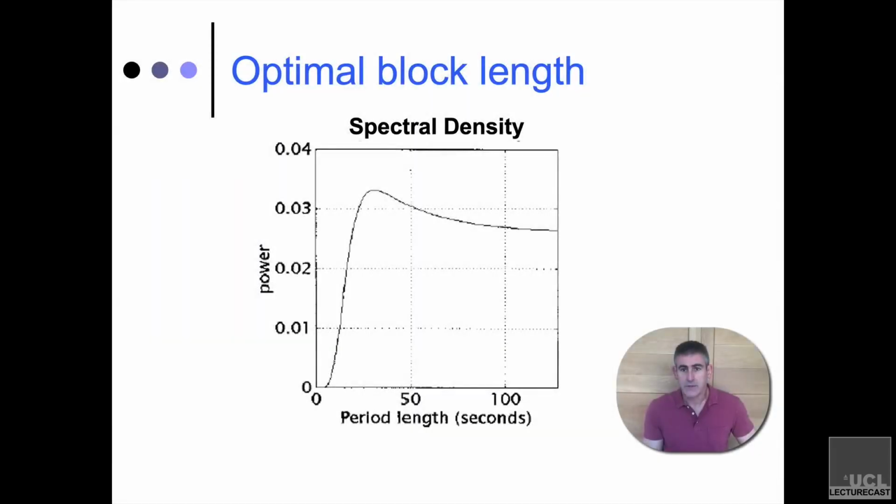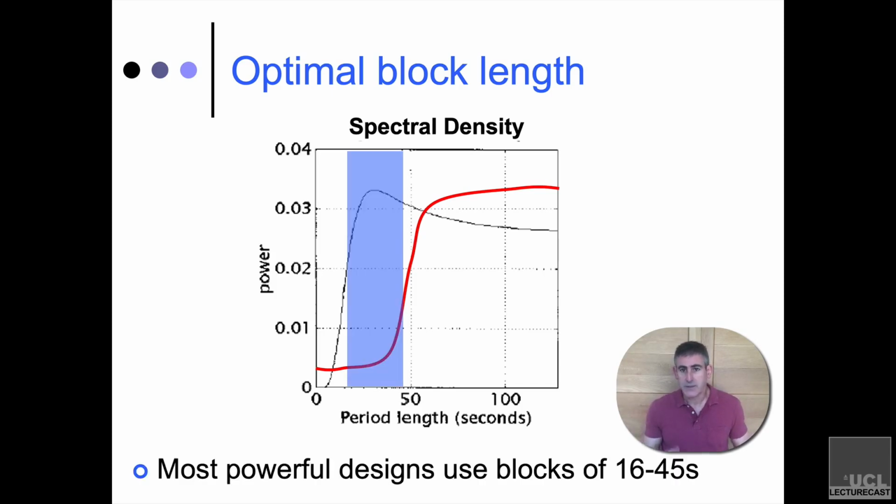It turns out that you can actually compute what would be the most optimal way of doing that based on the hemodynamic response function. And what you can find is that there's a period here in the black line where you gain the most power, most sensitivity to the actual signal effect, whereas the red line is showing the most influence of noise.